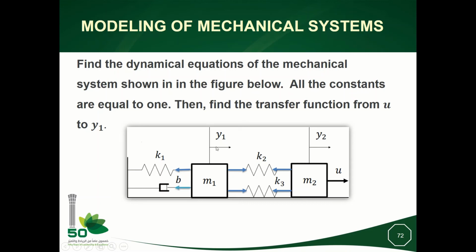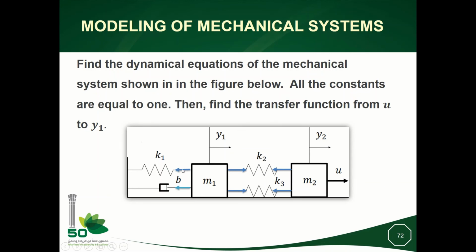So if the displacement is like this, the force which is created will be in the opposite direction of Y1. So it is B Y1 dot, but it will be taken with a minus sign because it is in the opposite direction of Y1. This force is related to this spring.